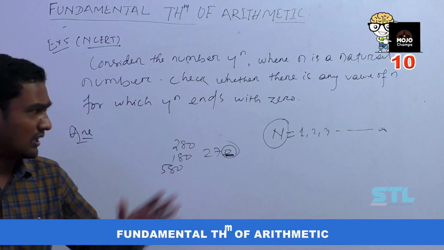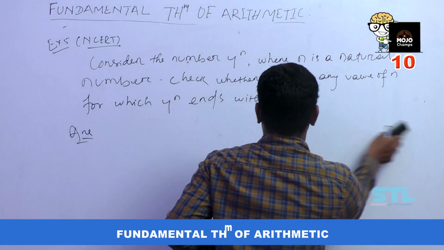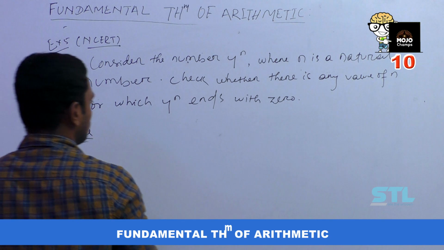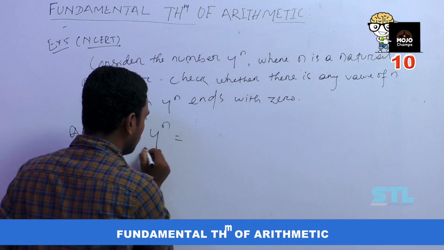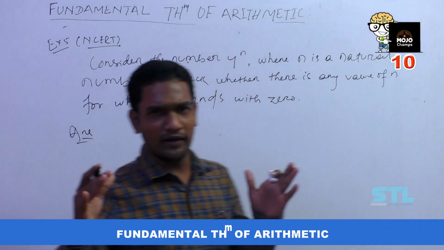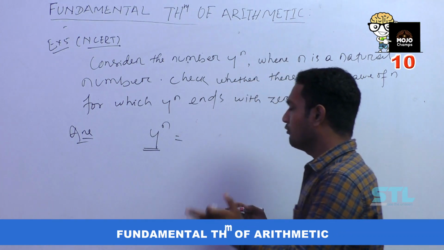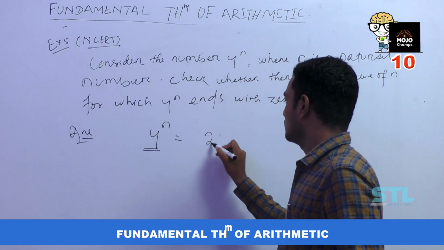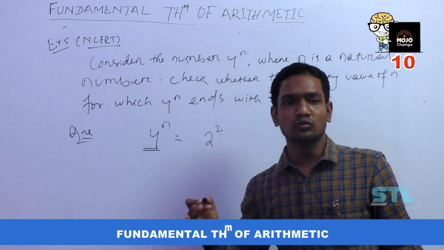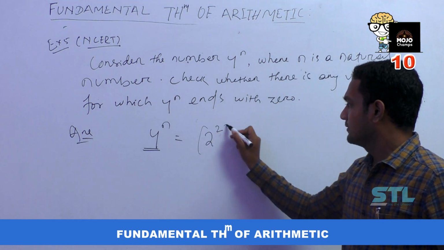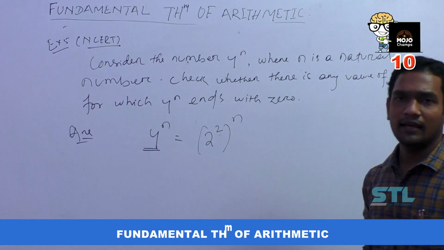So now I will come to that point. 4 to the power n: 4 is the base and n is the exponent. And 4 I can write as 2 to the power 2, and this whole to the power n.